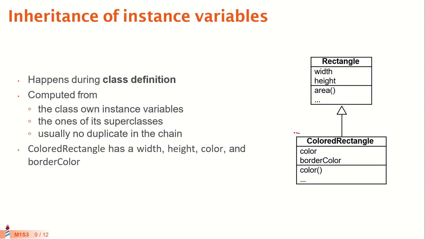When I define the ColoredRectangle subclass here, I can see that this class has 4 instance variables. 2 of them are defined directly in the ColoredRectangle class, and 2 of them are defined in the superclass. In fact, the instance variables are computed by the union of all instance variables in the hierarchy chain. And usually there is no duplicate in the chain, otherwise I would have shadowing in the name of an instance variable.